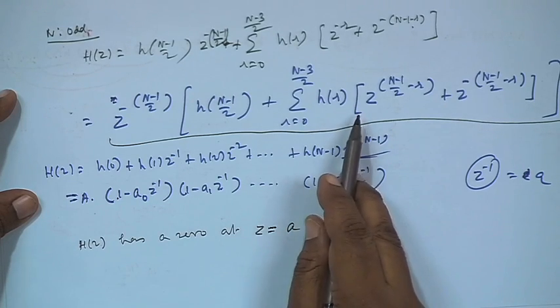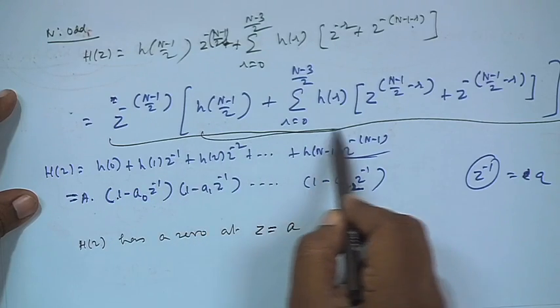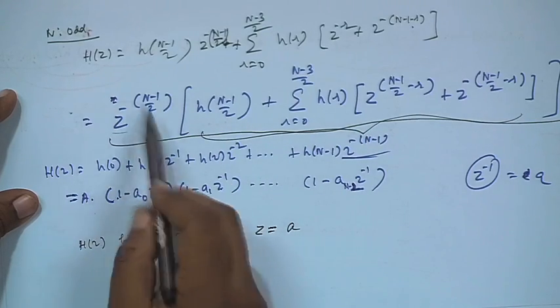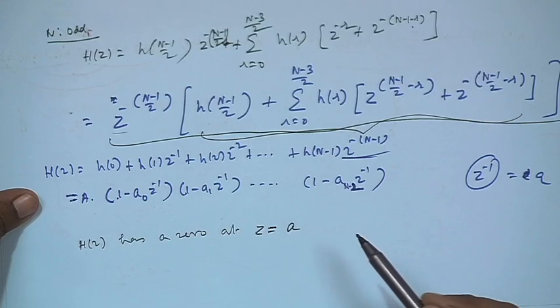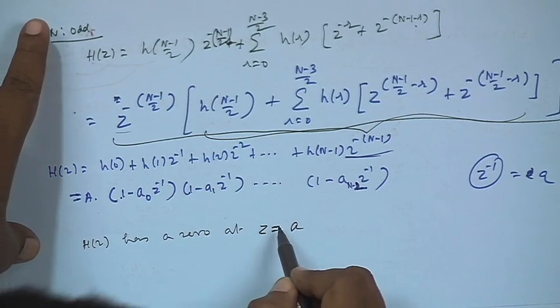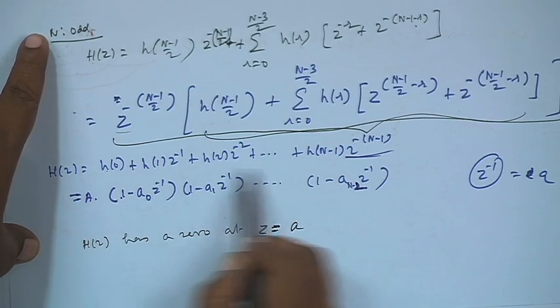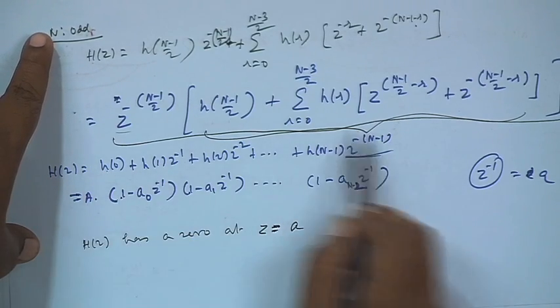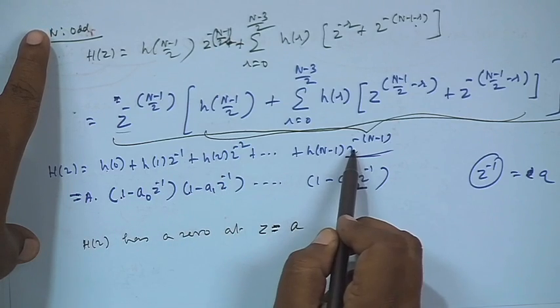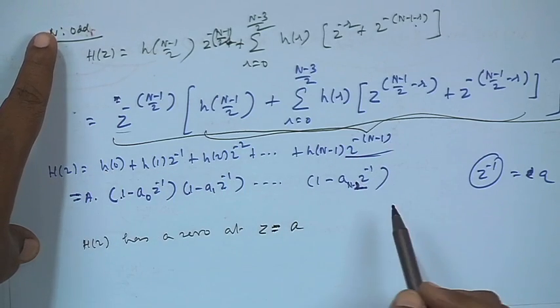That means, if I put a here and a here, obviously this factor will become 0. Okay. We are not considering a equal to infinity, because if a0 is not 0, this general z transform, even if you put z equal to infinity, these parts go to 0, but h0 remains.